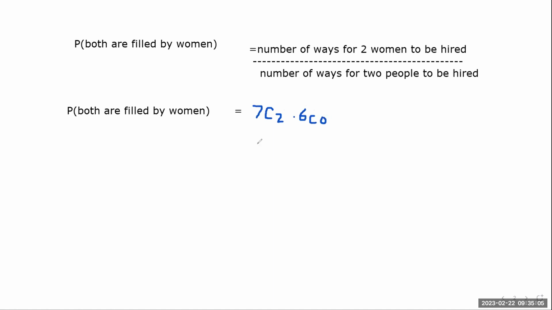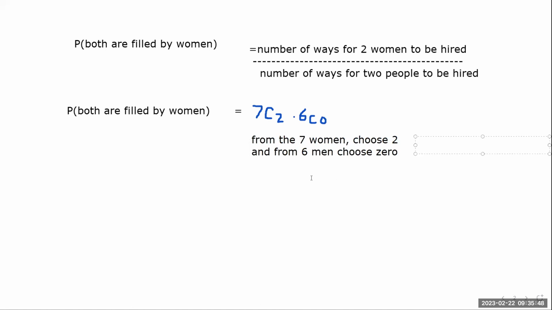Okay. So what this is, let me write it below it. This is almost the opposite of what we did earlier. This is from the 7 women, choose 2, and from 6 men, choose none. That's what this choose 0 is actually saying, and that's what we want. And then from the 13, we want to choose 2.